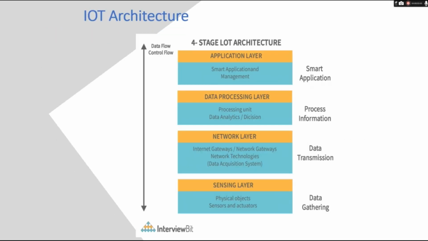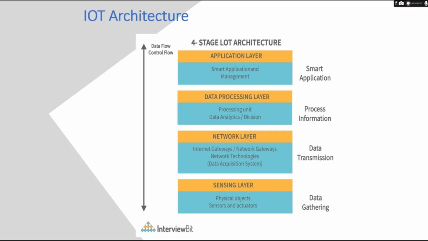The IoT structure is divided into four stages, in which the embedded system comes under the sensing layer, where the physical objects, sensors and actuators are present, which physically collect the data to perform any task. After that it is transmitted to the internet through the network layer, in which internet gateways are present.